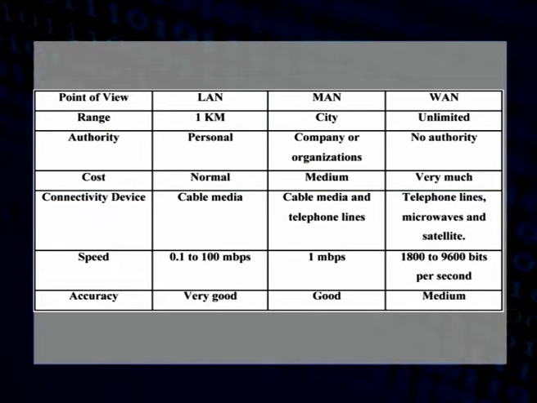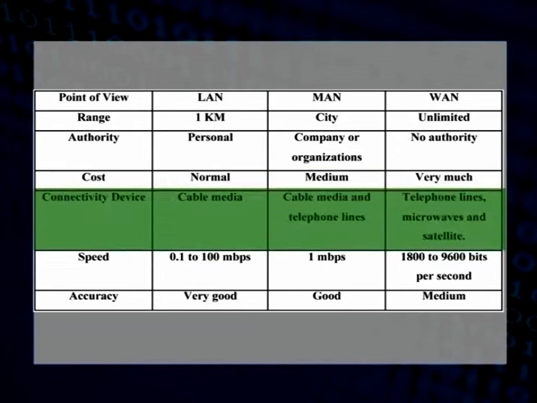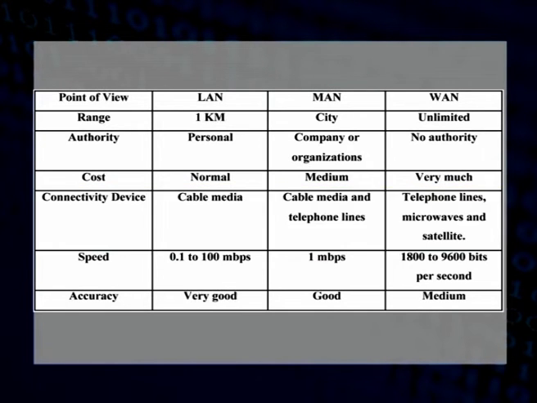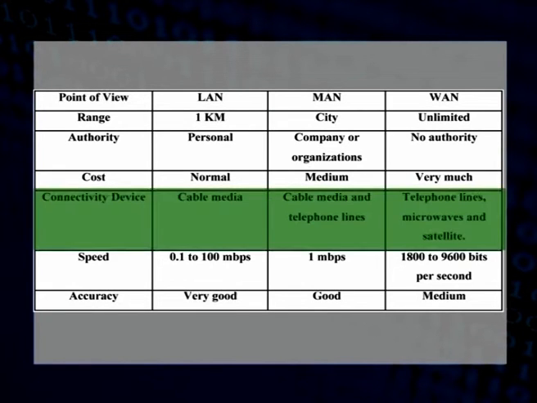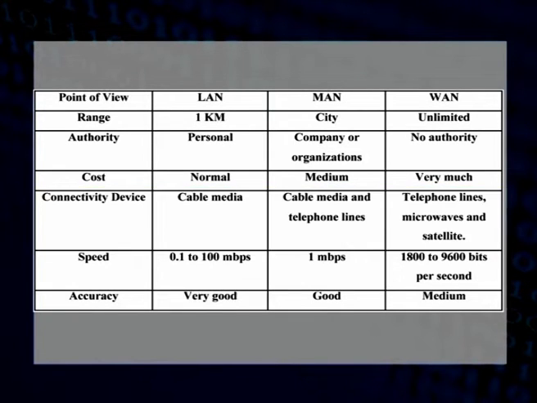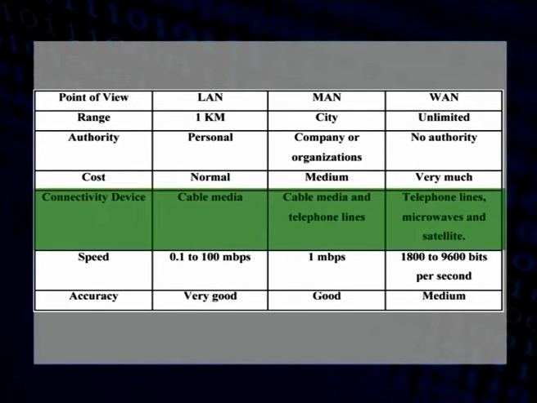Cost: LANs are available at normal cost, MAN at medium cost, whereas WAN is very high. Connectivity devices: in LAN we require cable media, in MAN cable media and telephone lines, in WAN telephone lines, microwaves and satellite.